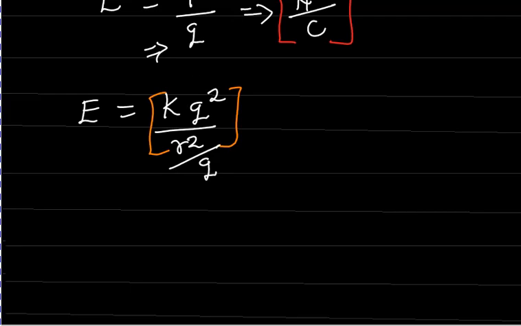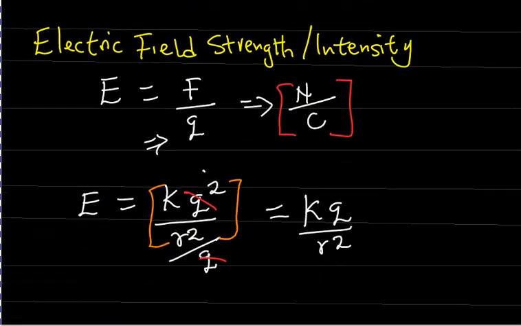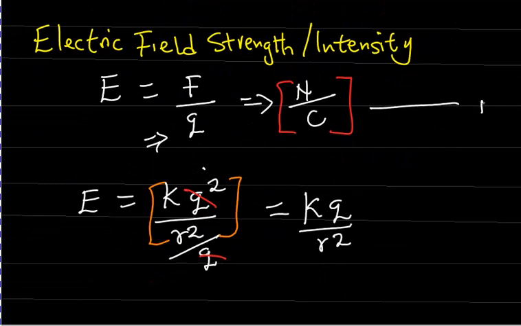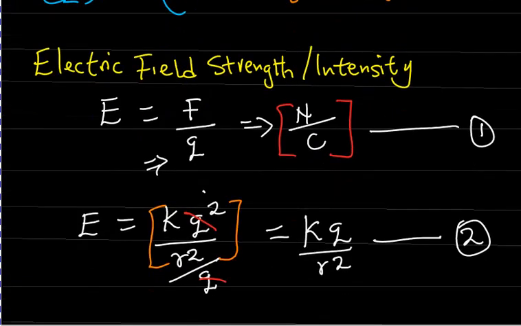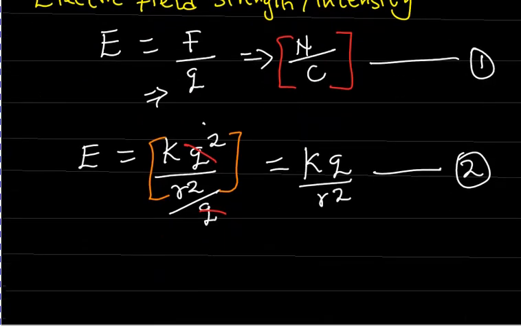As you can see, Q squared divided by Q, if I cancel, I will just have Q. So electric field intensity can also be expressed as kQ over R squared. Please take note of this. Let me call this formula number 1 and this formula number 2. We use either this or this. I hope that is well understood.